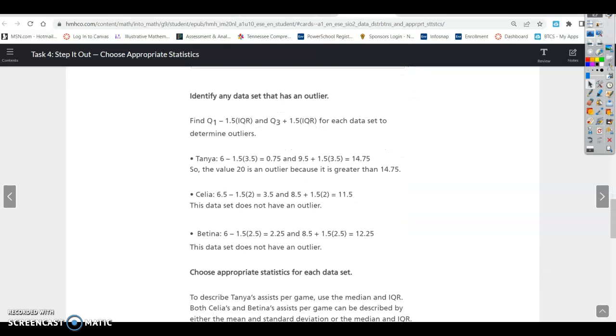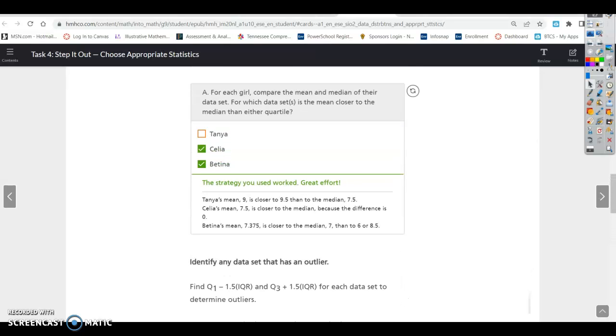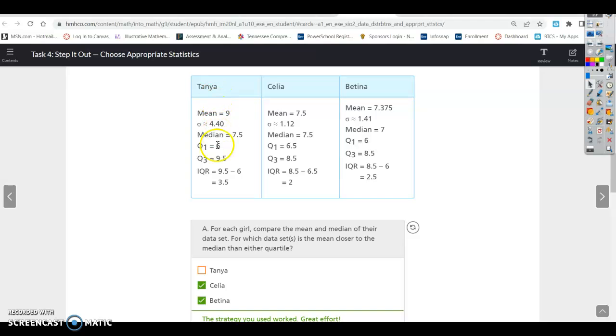All right, so it says identify any data set that has an outlier. Find Q1 minus 1.5 times the interquartile range and Q3 plus 1.5 times the interquartile range for each data set to determine outliers. All right, so we're going to start with Tanya. For Tanya, Q1, you can see, is 6. She was the first girl here.